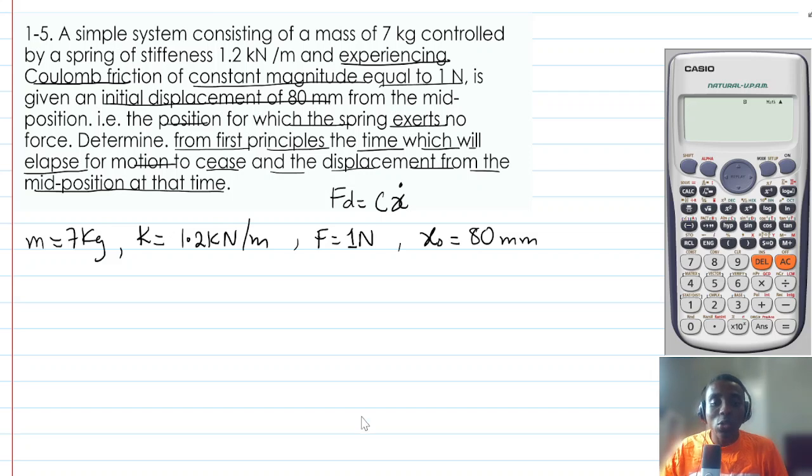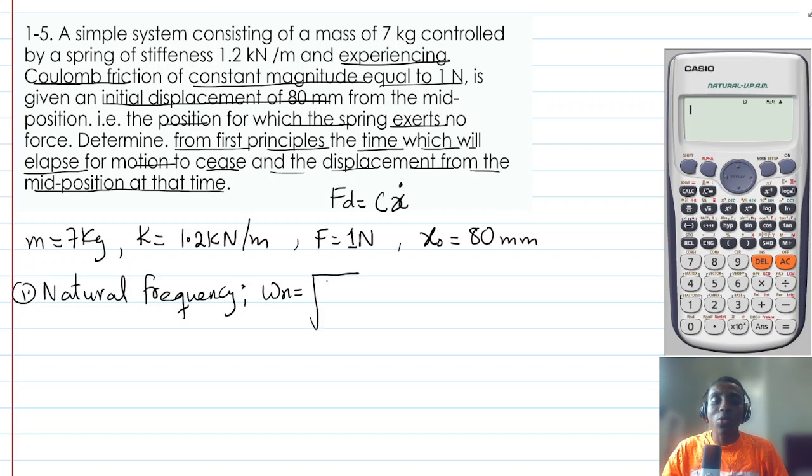Right, with this question, let me first calculate the natural frequency, which is the most important parameter of the vibration. Natural frequency omega n is given by the square root of k divided by m. Even if you can't solve this question, at least the first thing you should be able to do is the natural frequency.